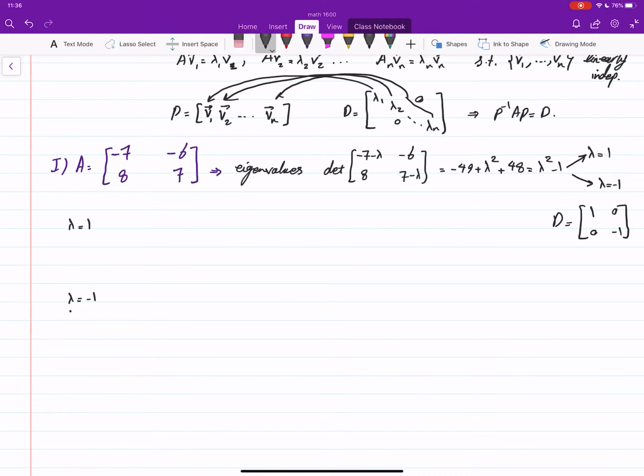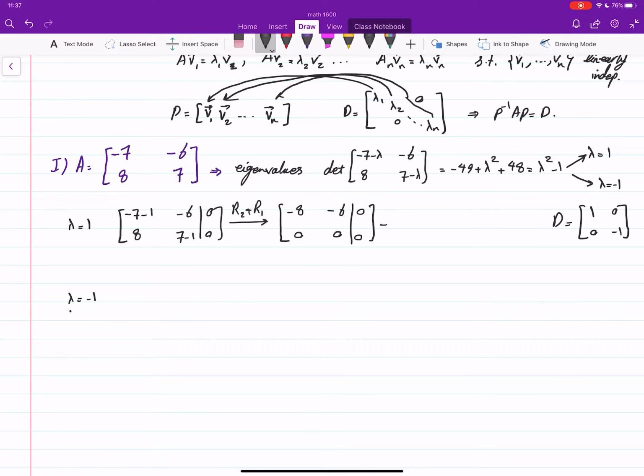Now, I want to find eigenvectors for lambda equal to 1 and eigenvectors for lambda equal to -1. Well, you do the work you need here: -7 minus 1, -6, 8, 7 minus 1, 0, 0. We have to solve this. Right away, you do row 2 plus row 1. This will give us 0, 0, 0.